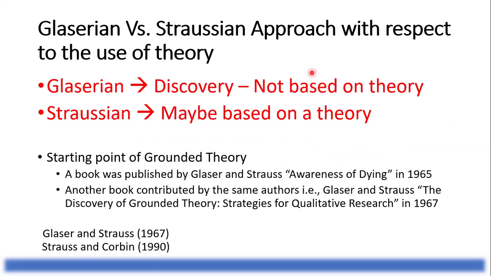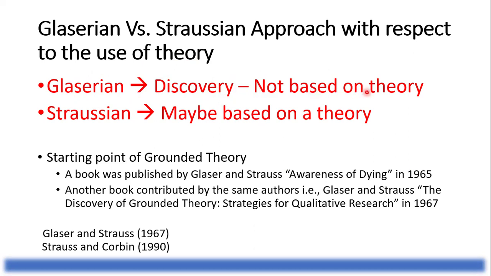There are two types of approaches, known as the Glaserian versus the Straussian approach, with respect to the use of theory. The followers of Glaser believe that the discovery of a finding is not based on theory.